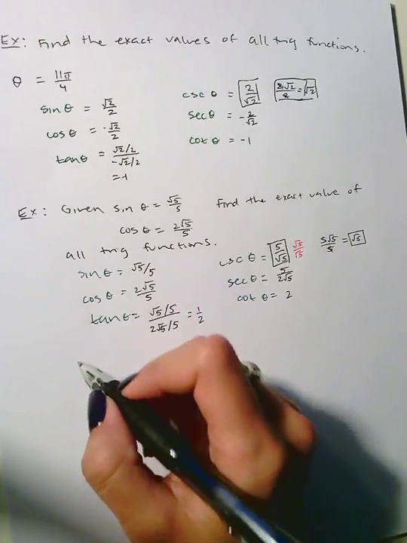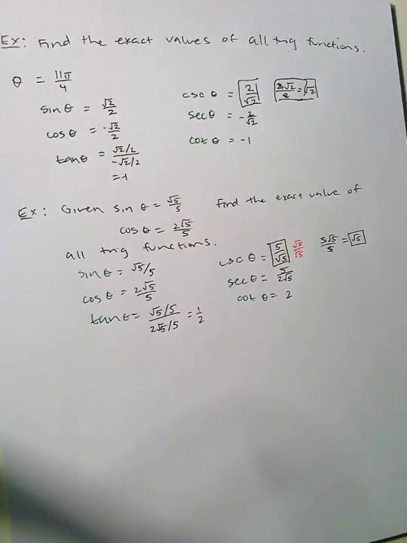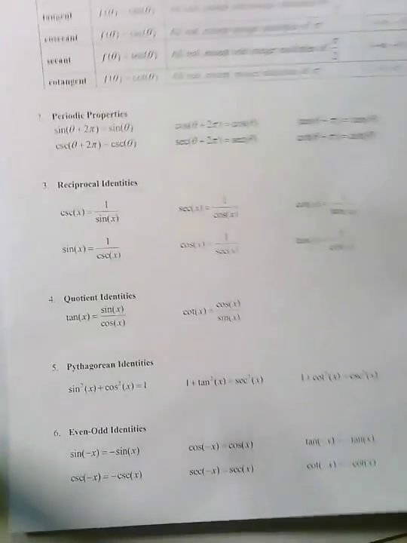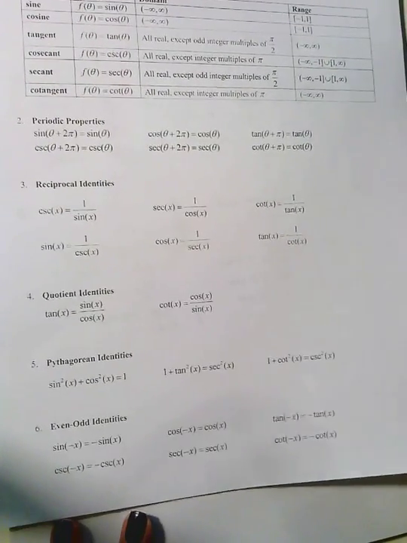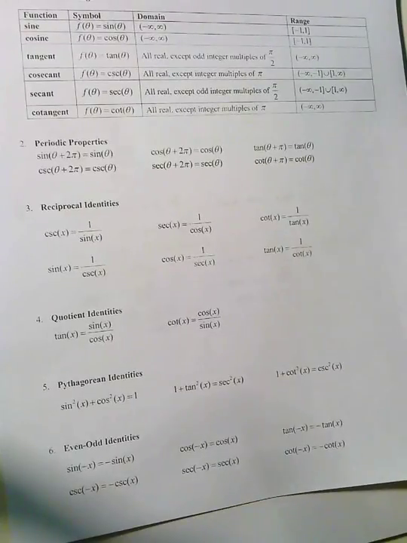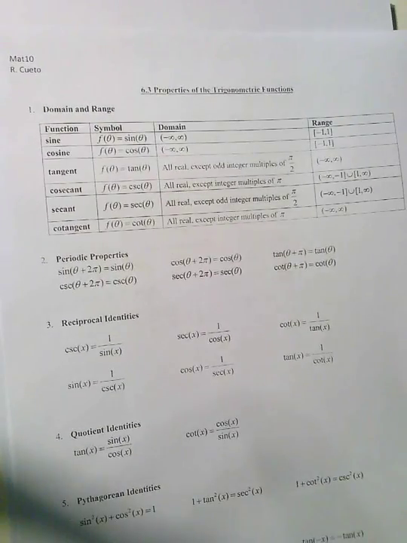Now what we're going to do is use the trig identities. Sine squared plus cosine squared is equal to 1. Tangent squared plus 1 is equal to secant squared. Cotangent squared plus 1 is equal to cosecant squared. So basically we're going to end up using the identities that we have here in this worksheet in 6.3.